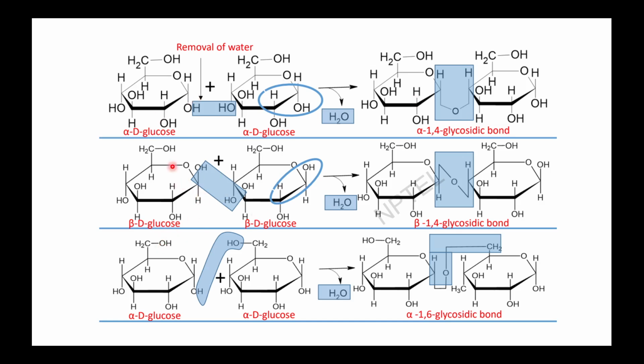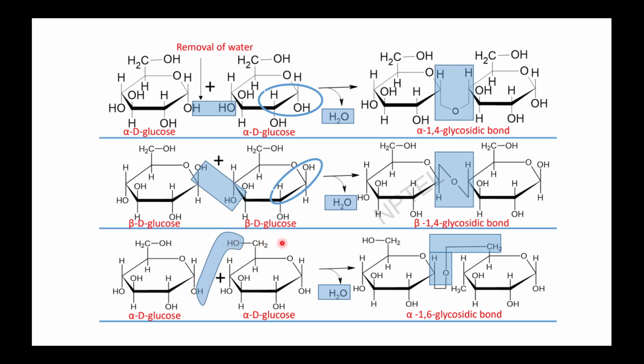If the bond is between two beta glucose and between the first and the fourth carbon, it is called beta 1,4 glycosidic bond. And in case of two alpha glucose, sometimes the OH of the first carbon can link with the OH of the sixth carbon, that is the carbon outside the ring structure.